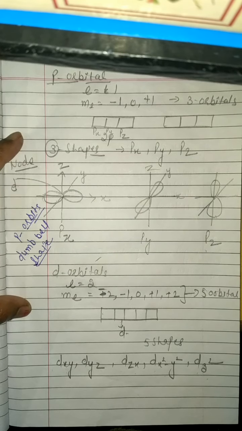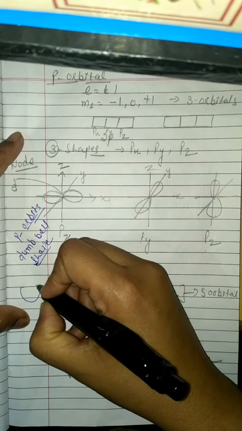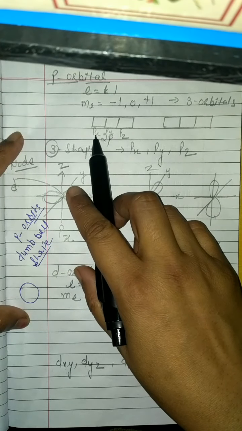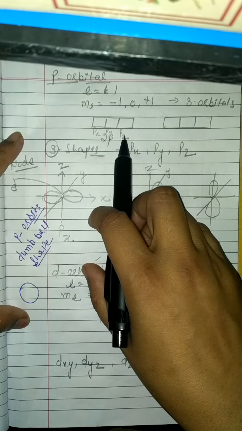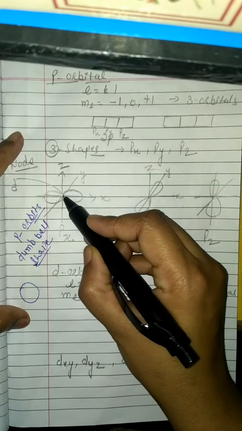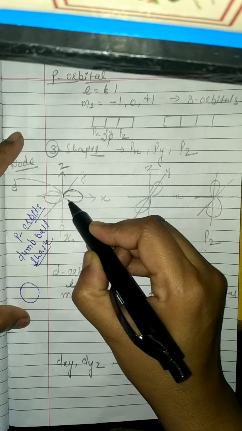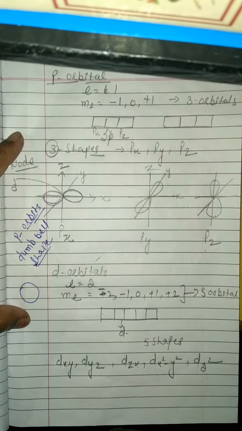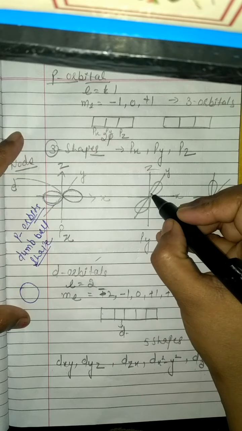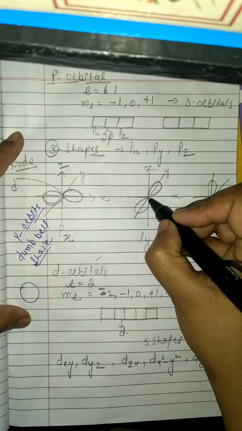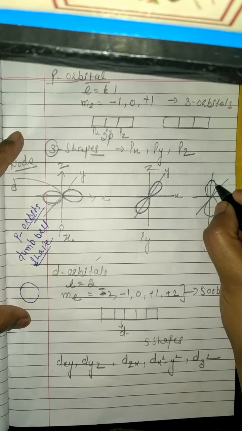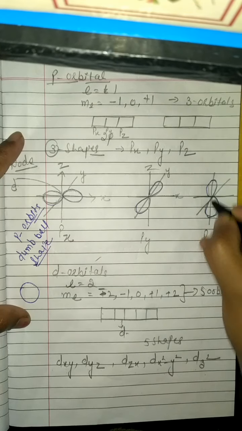In the case of an s orbital, there is a spherical shape. In the case of p, there are 3 orbitals present, that is px, py, and pz. In px, 2 lobes are present on the x-axis. In py, lobes are present on the y-axis, and in pz, lobes are present on the z-axis.